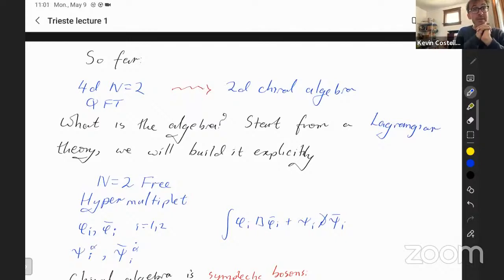If we have a Lagrangian theory, then we can just write down the algebra completely explicitly. So we'll start with the simplest thing, which is an N=2 free hypermultiplet.